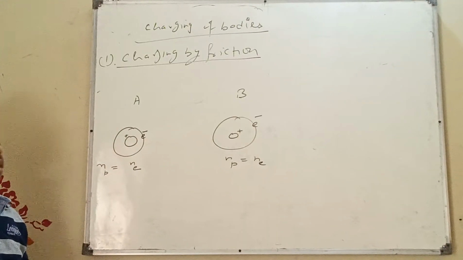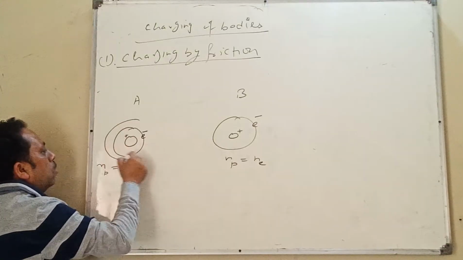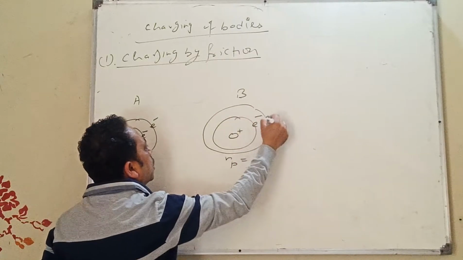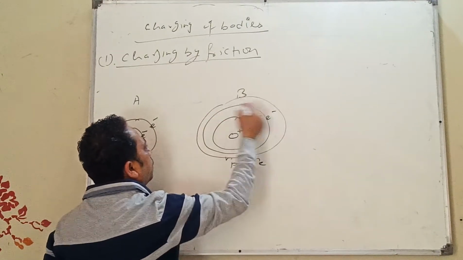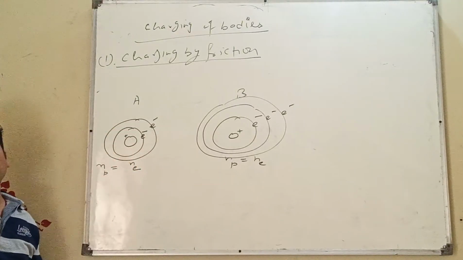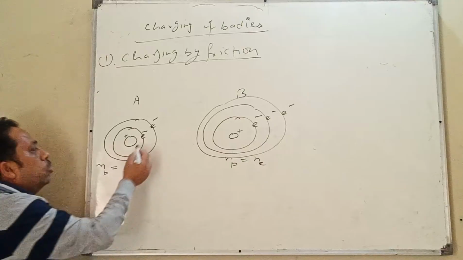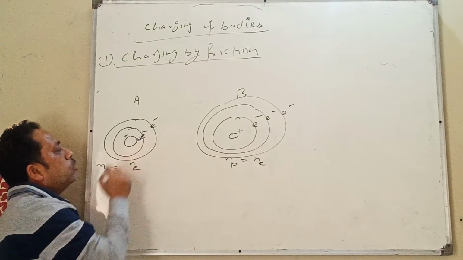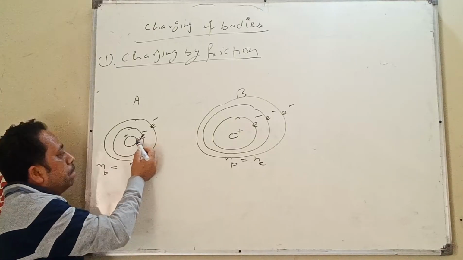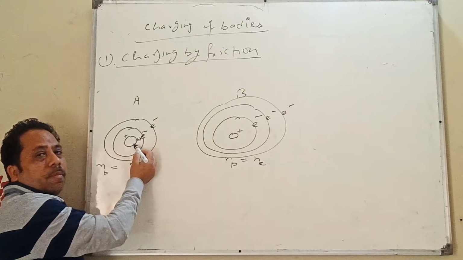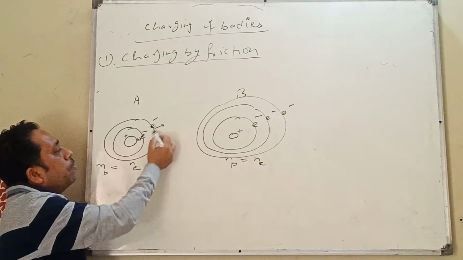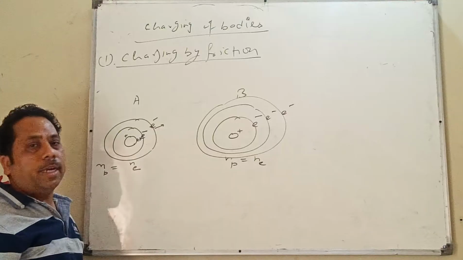But these electrons revolve in various orbitals. Those electrons which are very close to the nucleus will be strongly attracted by the positive charge of the nucleus, and those which are far away from the nucleus will be least attracted.